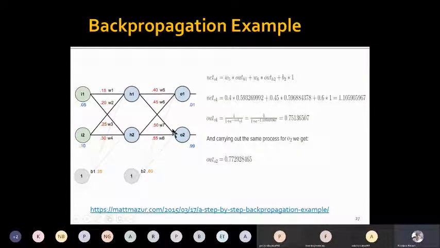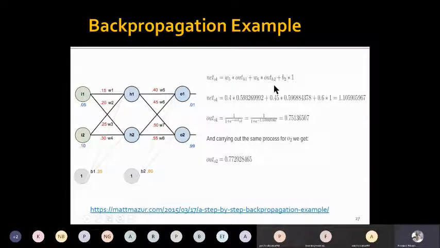And exactly similarly, we will calculate the outputs of O1 and O2. So O1 will be 0.4 into out H1 plus 0.45 into out H2 plus 1 into B2. And similarly, the O2 input will be W6 into H1 plus W8 into H2 plus 1 into B2.